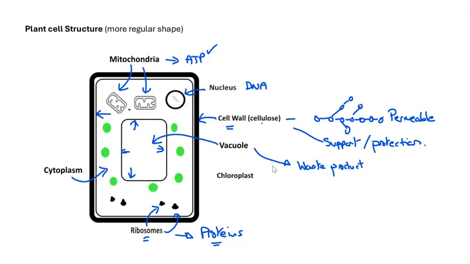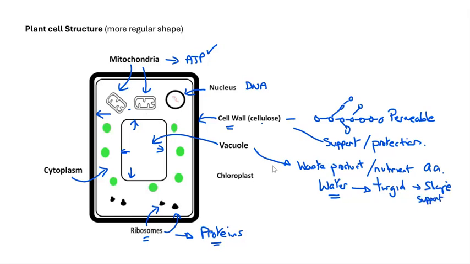It would also be involved in storing some of the nutrients, such as amino acids. But the vacuole will attract into it a large amount of water. And this water is responsible for creating a turgid cell. And that turgidity gives the cell shape and support.